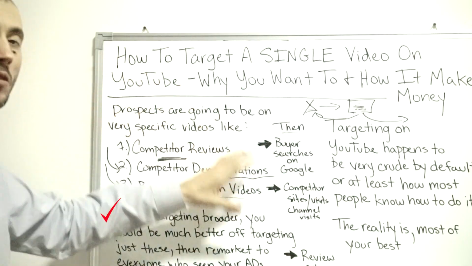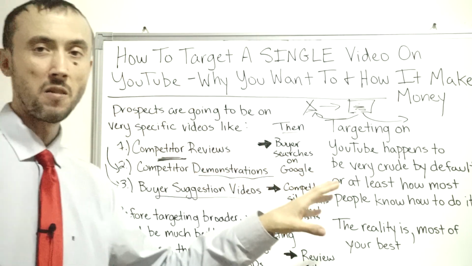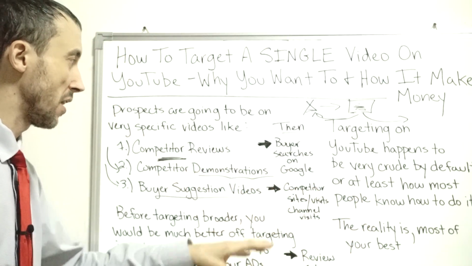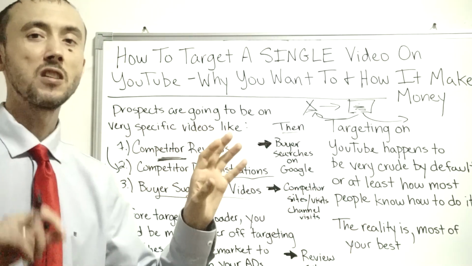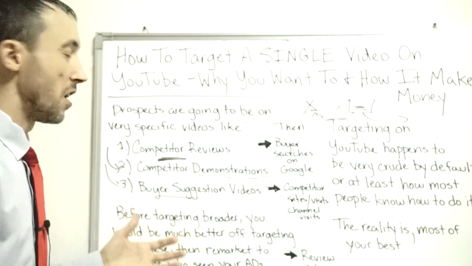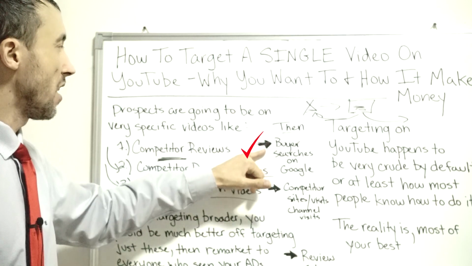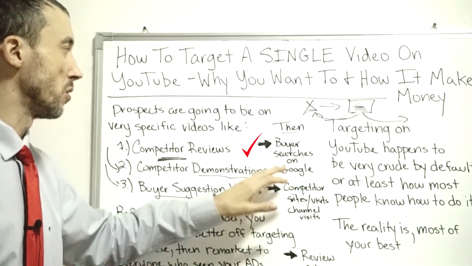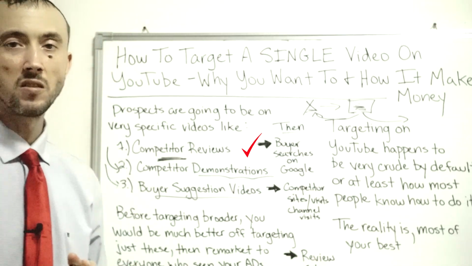Now, once you've done all this, like I said, you can reinvest your money into broader things that can get you more out of what you're doing, and it'll be easy to dial up your profits because you've already got the funnel in place. Then you could target people who have searched for a buying term on Google, which you can do through custom segments.